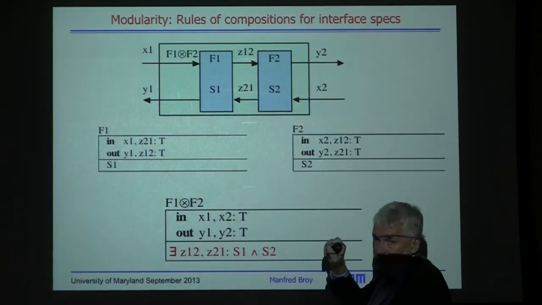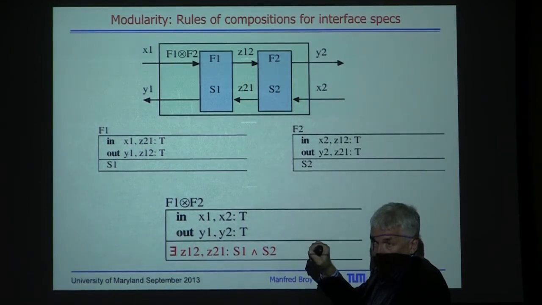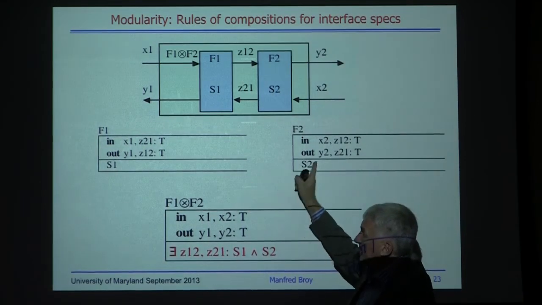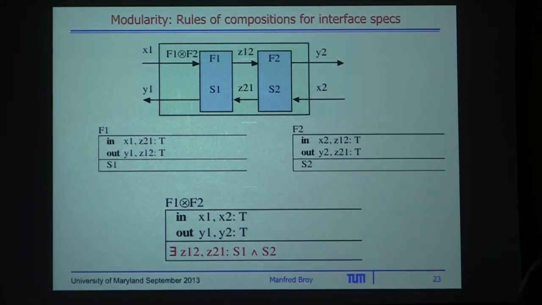So this is a correct way of composing, and it's a modular way of composing. By just knowing the interfaces of the two systems, I know the interface of the composed system. And the third remarkable thing is that what's happening in system composition is exactly reflected by logic. Parallel composition is at the specification level logical and, and hiding is at the specification level existential quantification.